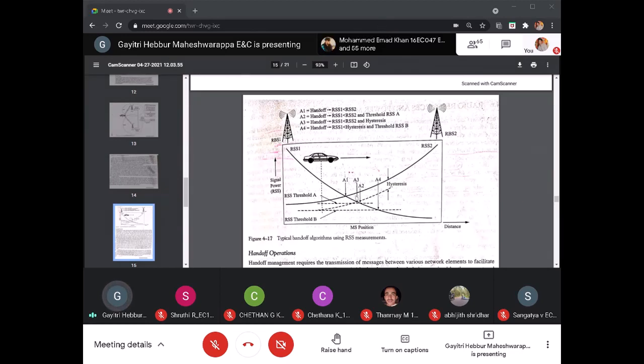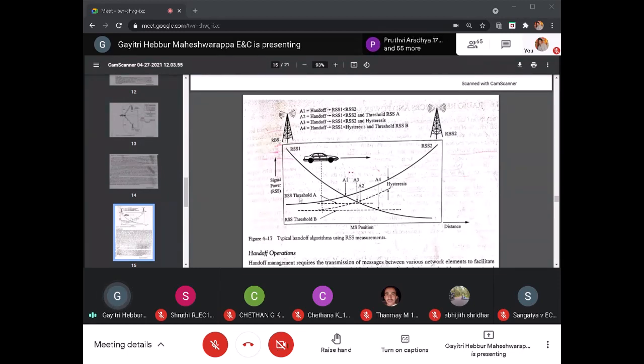Then at A2, RSS1 is less than RSS2, handoff operation. This is the received signal power. At A3, RSS1 is less than RSS2 and hysteresis. At A4, RSS1 is less than hysteresis and threshold of RSS3.